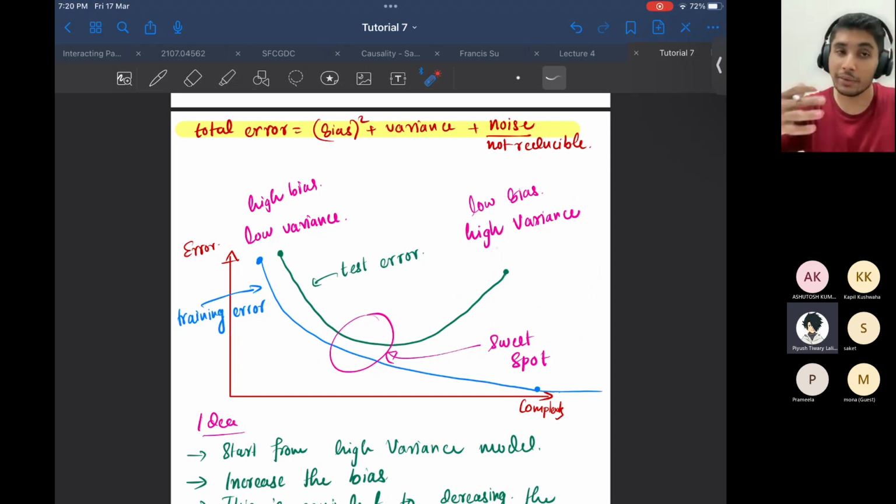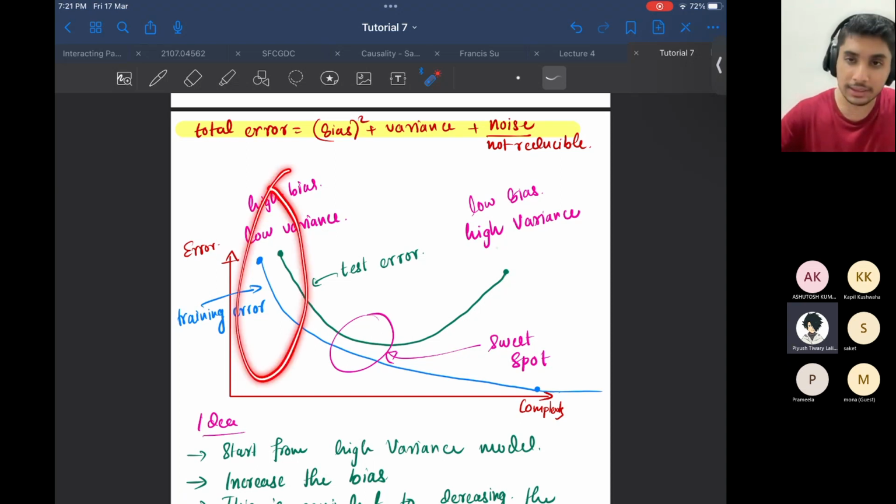Now another question someone might ask is, why don't I start from a low variance region and keep increasing the complexity of my model? Well, the answer is that increasing the complexity of a model is tougher than decreasing the complexity.